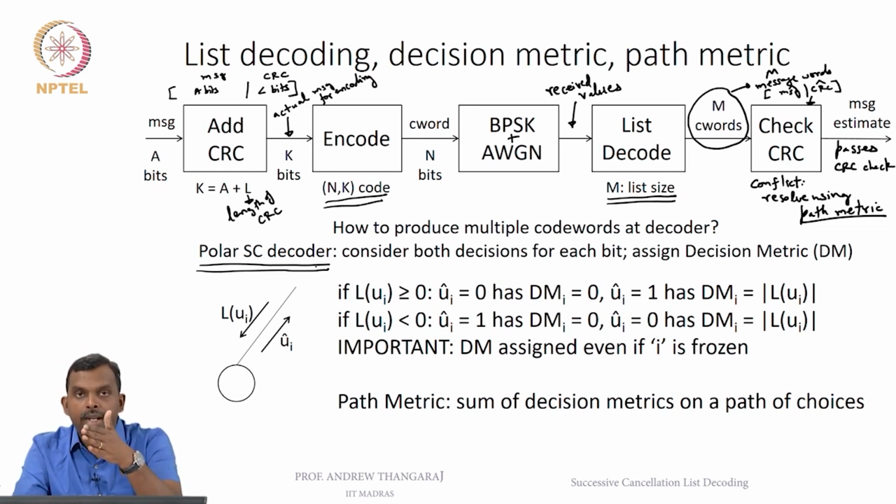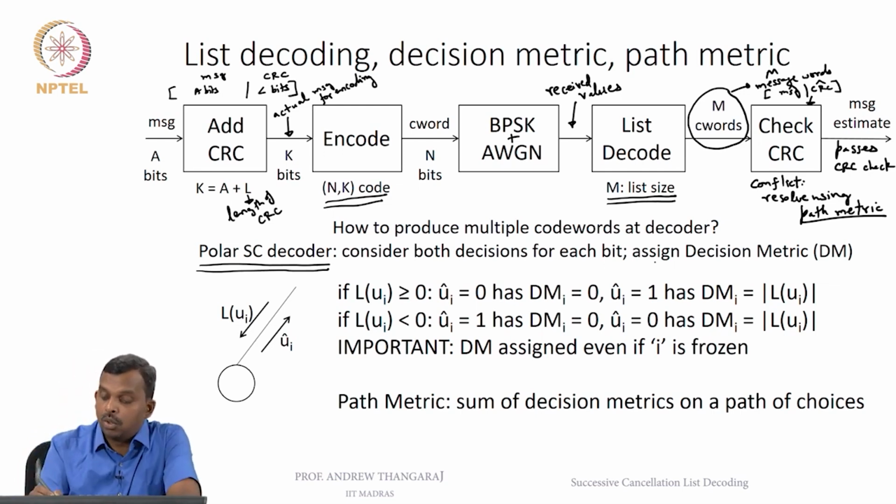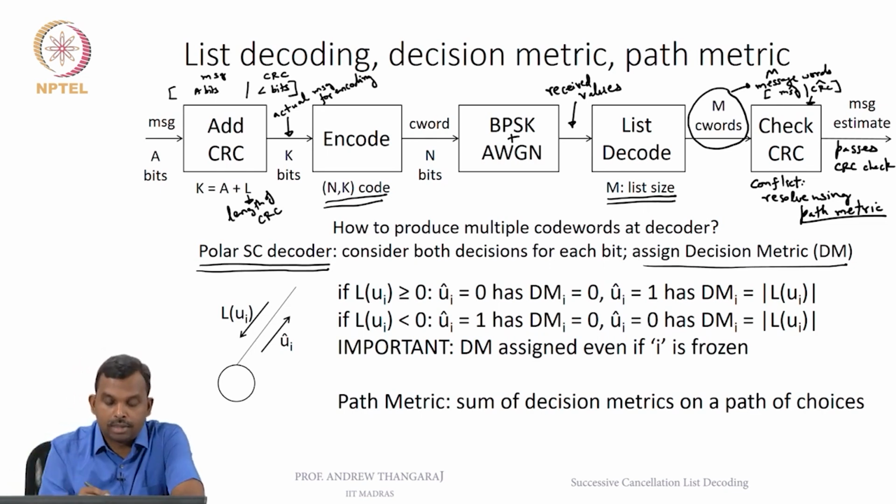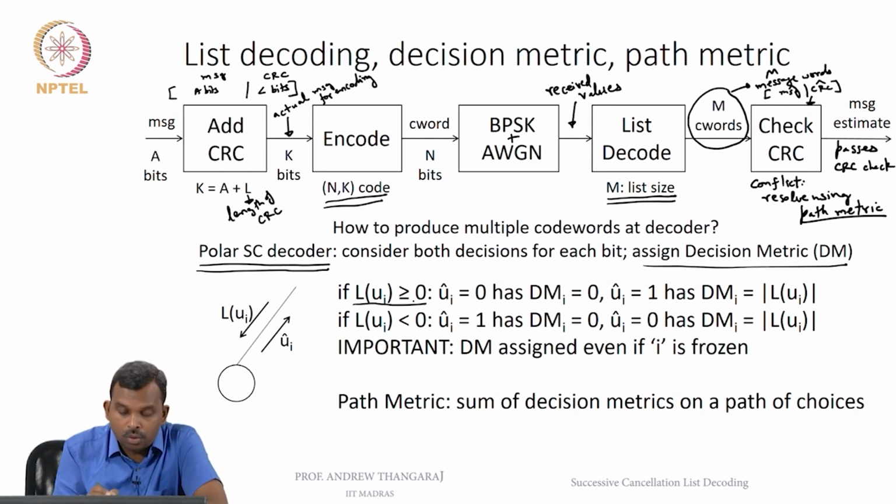And what you also do is assign a decision metric to every decision you make. First of all, when you have a certain belief for the bit and you make a decision, your decision may be according to the belief or opposite from the belief. That is what is discussed here. So how do you make a decision?